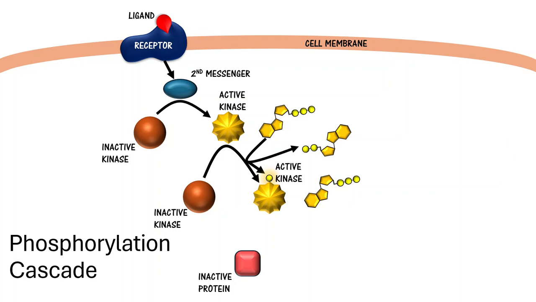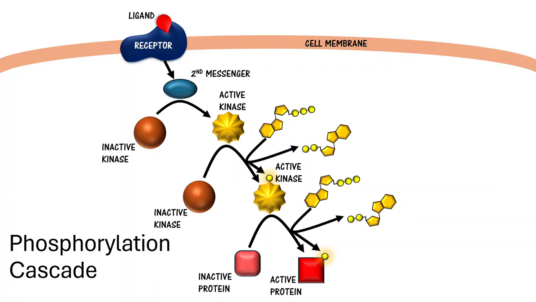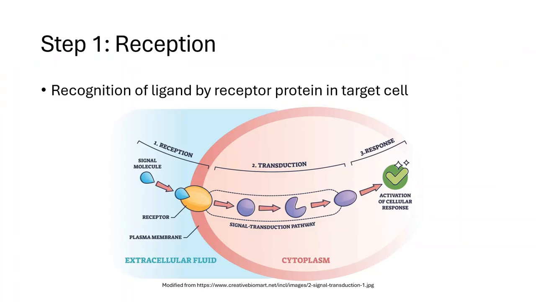Now, this step can happen over and over. You can have one kinase activate another, but eventually you're going to trigger some sort of response by activating maybe another relay molecule, a transcription factor. We'll talk about those later, and that's going to trigger a cellular response. So this is what a phosphorylation cascade looks like. It's just a bunch of things phosphorylating each other, one after another.